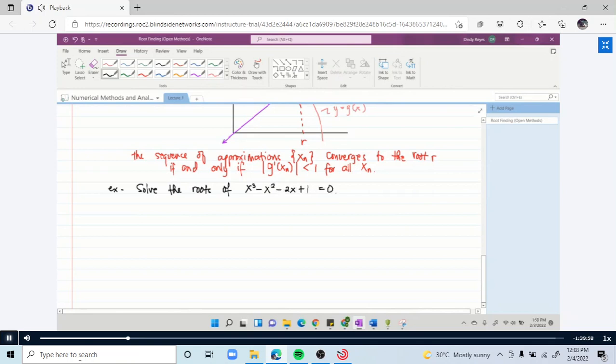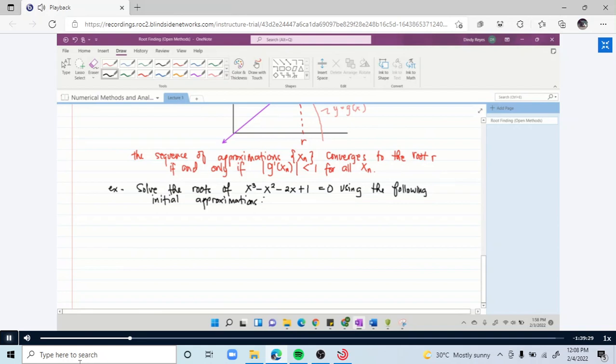Okay? Using the following initial approximations. Okay, since this is a cubic equation, there are at most 3 real roots, right?